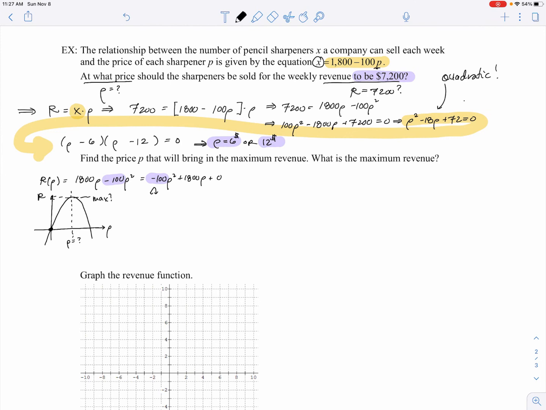So this is a vertex question, and we're looking for the vertex at h comma k, and we know the formula for that. H is negative b over 2a, which in this case is negative 1800 divided by 2 times negative 100, which is 9.